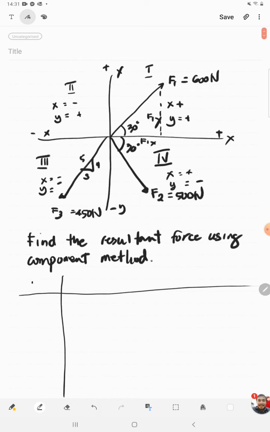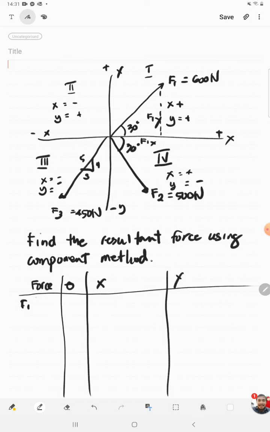So this is your force, the theta given, and your x and y. Here your F sub 1 is simply equal to 600, and the theta is 30 degrees.